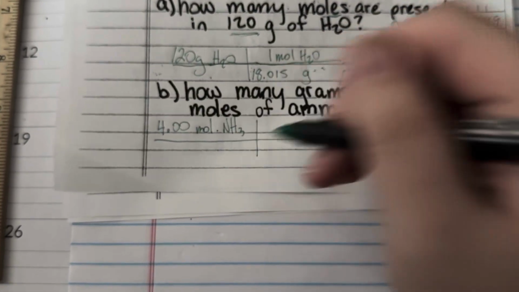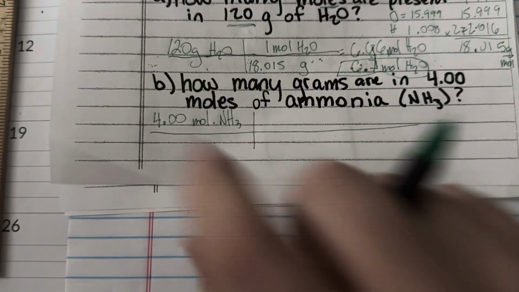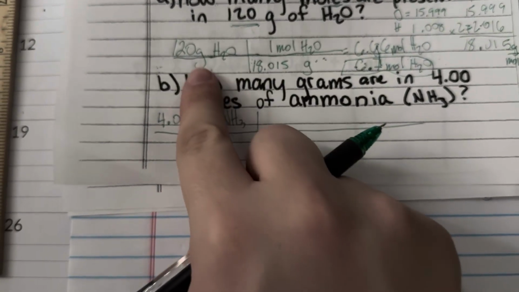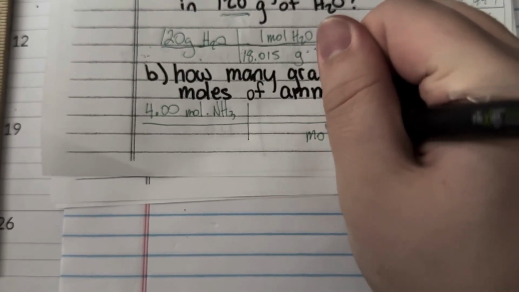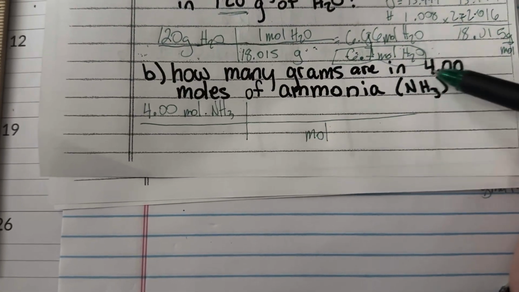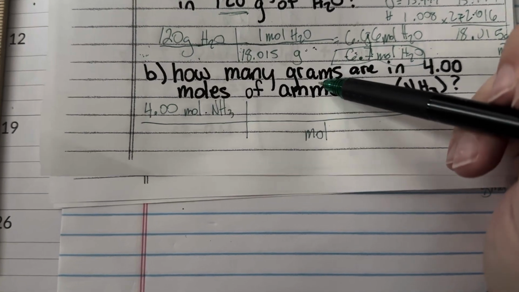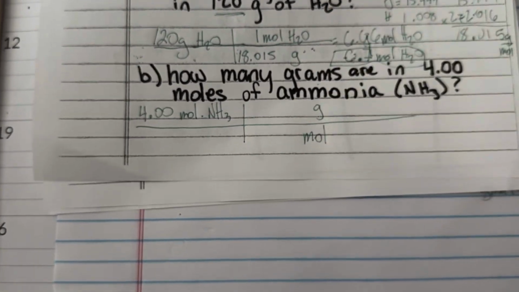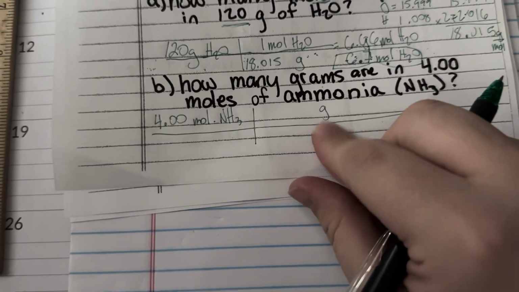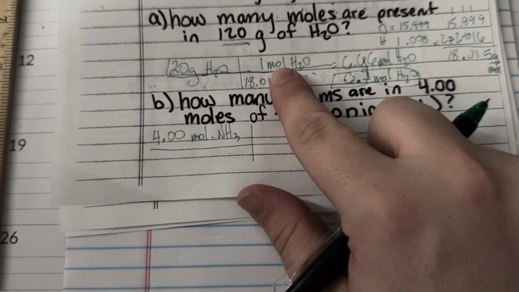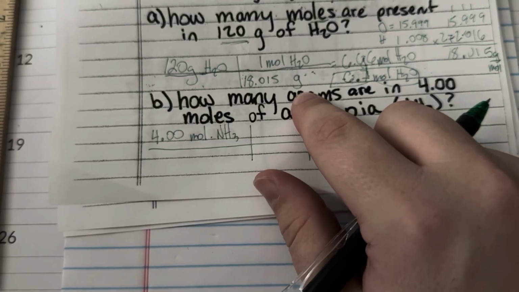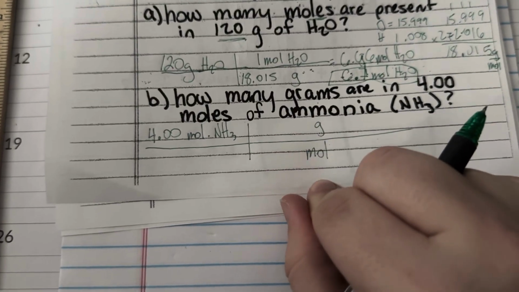We're going to do the same thing that we did before, but different. See how we have moles now instead of grams? So we're going to have moles down here, and it says how many grams, so we want some amount of grams. We just saw the same thing, but it's reversed. So instead of moles on top and grams on the bottom, it's grams and then moles.